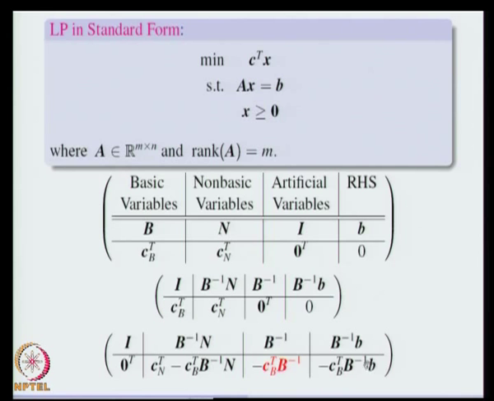the current optimal cost at optimality is CB transpose B inverse b. Then the columns associated with artificial variables, if you look at those columns in the final tableau, you will get the B inverse matrix, and below the B inverse matrix the negative of the optimal dual variables will appear. So, CB transpose B inverse can be easily read from the simplex tableau.